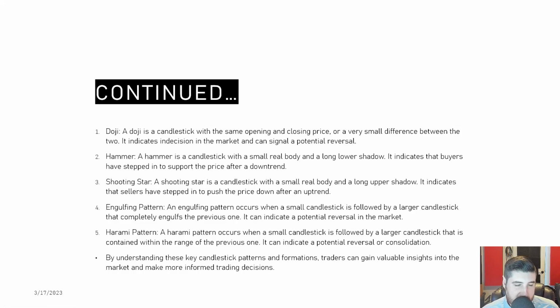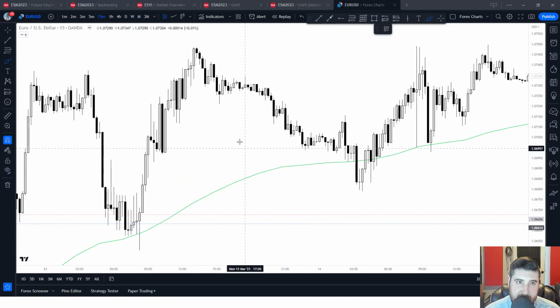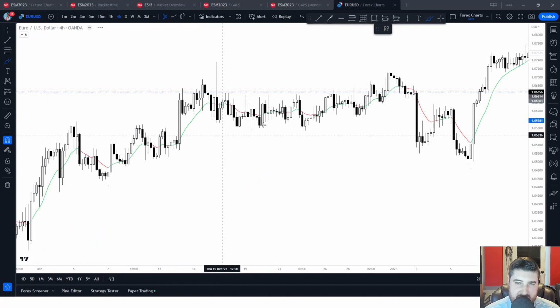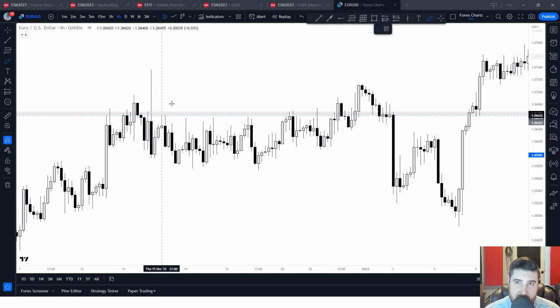So let's open the charts real quick. We'll quickly go through these. Let me zoom in. Let's go to a 4-hour. The candles are a lot cleaner, and I like to go to the 4-hour. So let me just point out this one right here. This is kind of what we were talking about. This entire candle, at one point, it opened here.